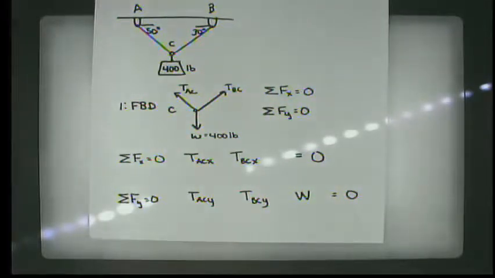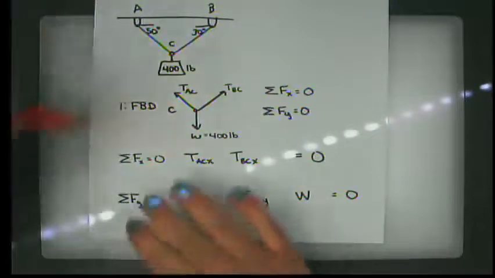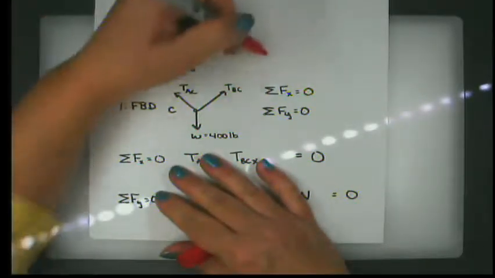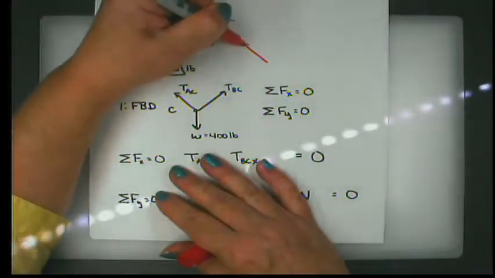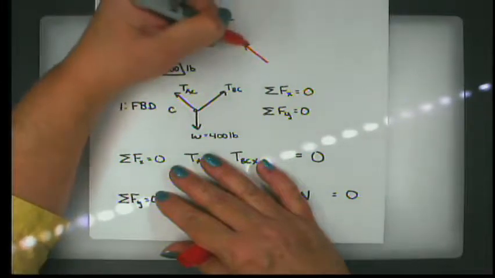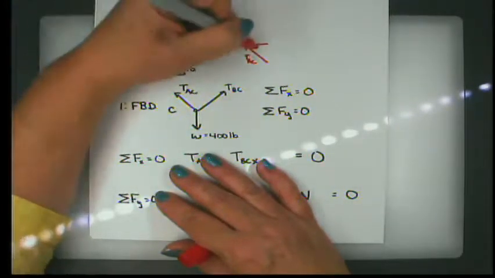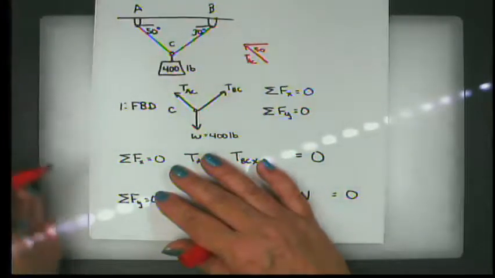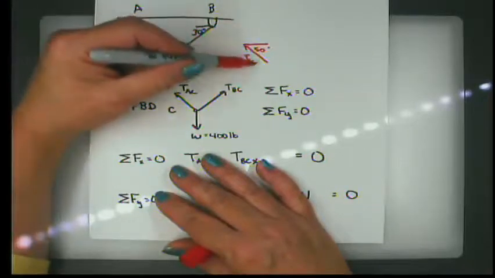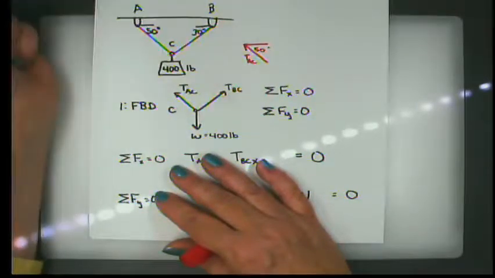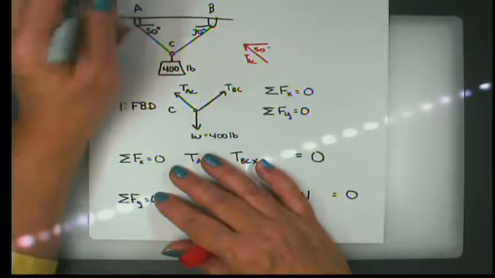All right, now to determine what those components are, let's look at TAC first of all. I know that the angle that TAC makes with the horizontal is 50 degrees. I also know, if I look at the vector, it points up and to the left.